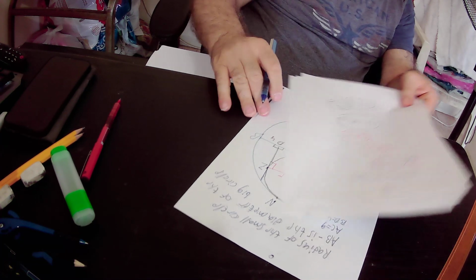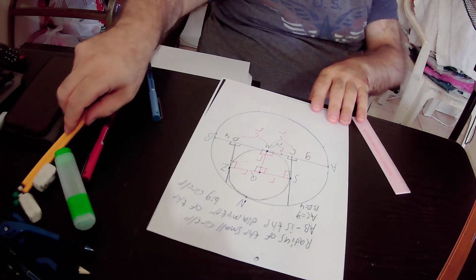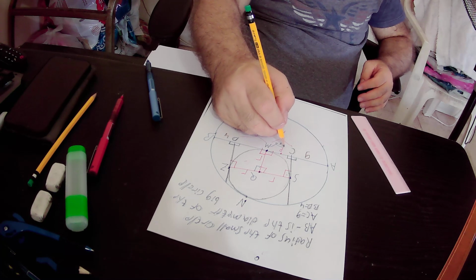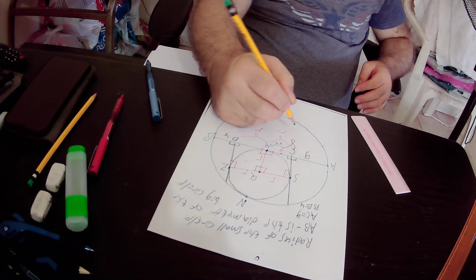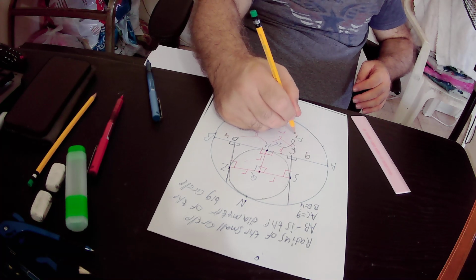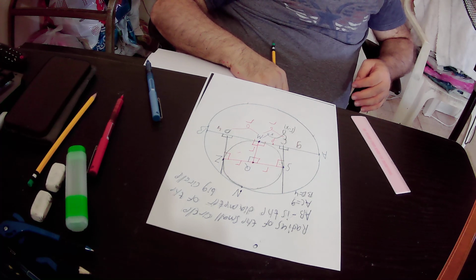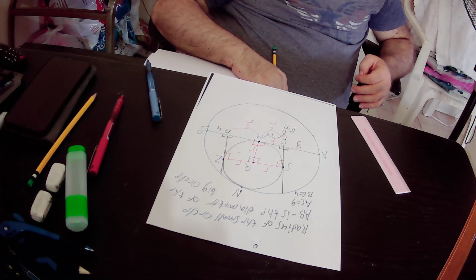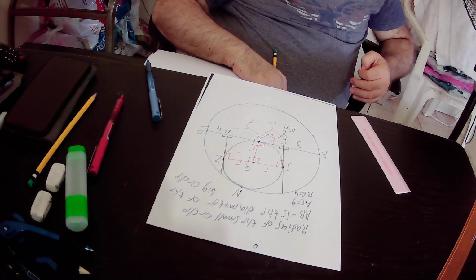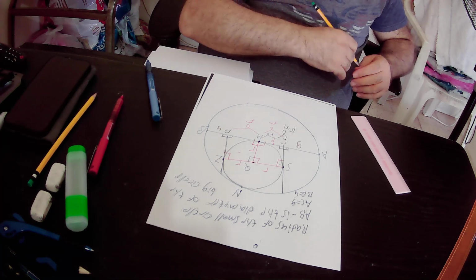So I write it down that CP equals small r minus X. In the next step we will calculate the size of the radius of the big circle in two different ways.